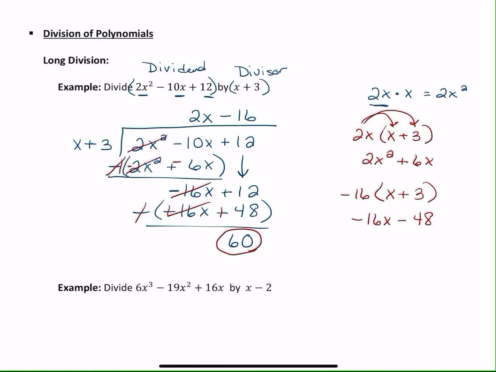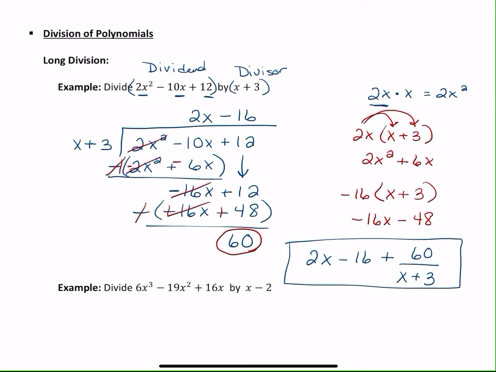Now on your homework, they could want this written in different ways. The traditional way is to write 2x minus 16 plus your remainder over the divisor. That's the traditional answer. But sometimes on your homework, you've got to be careful.